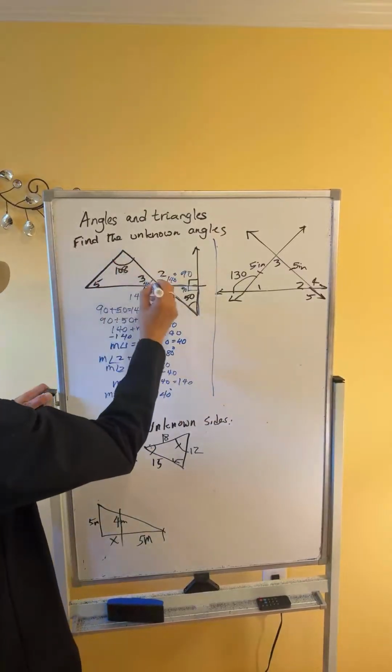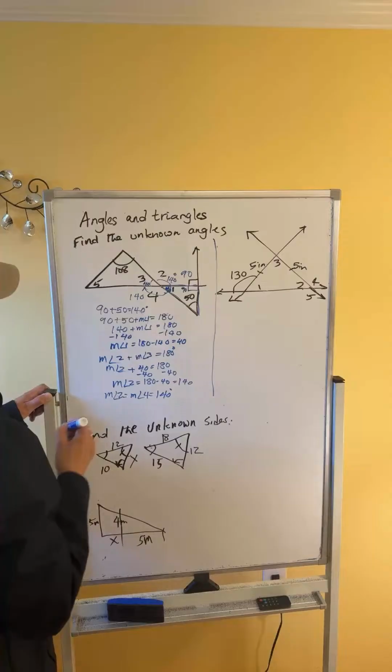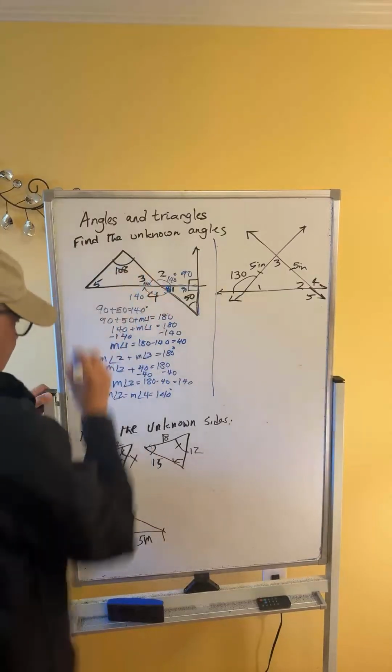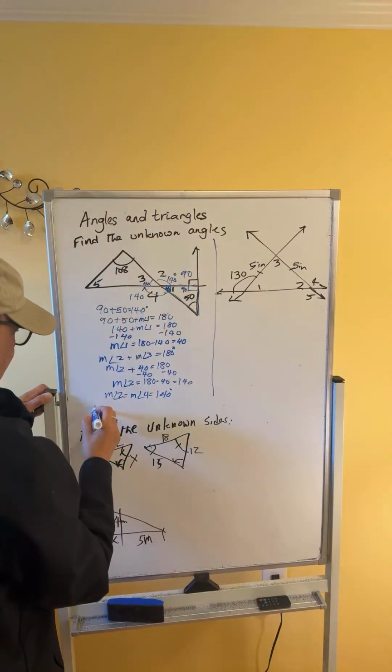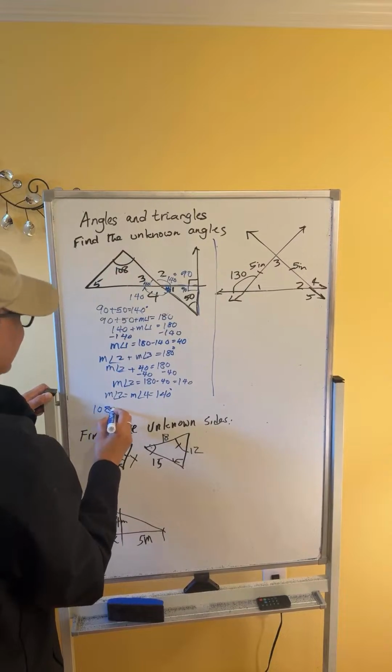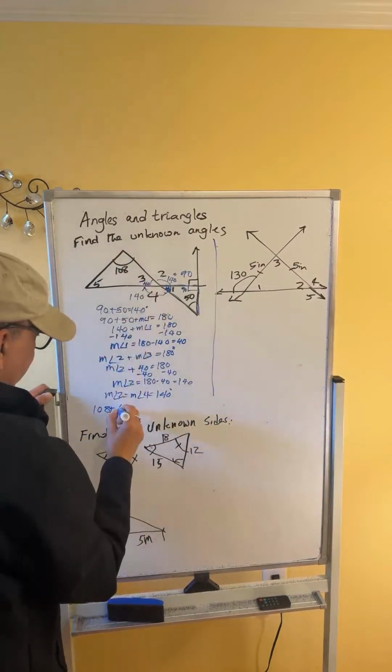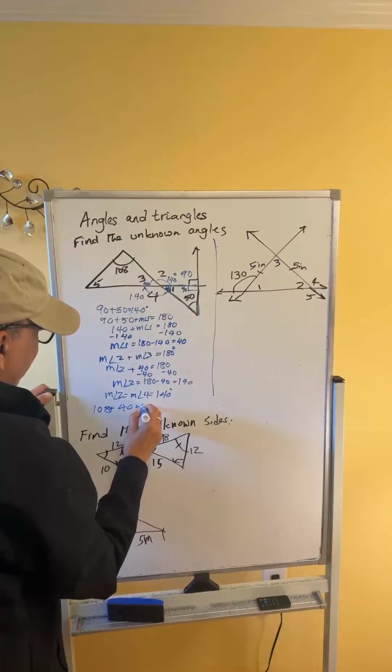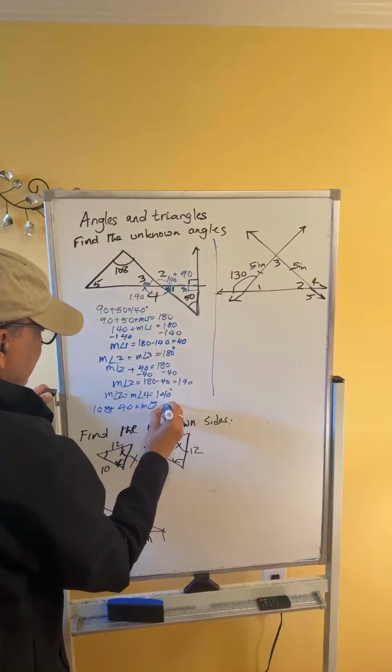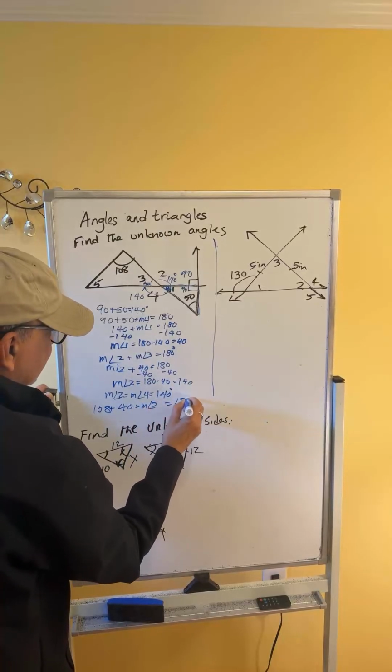Now consider this triangle on the top. We know the first angle is 108. The second angle, which is angle 3, is 40 degree, plus measure of angle 5 is equal to 180 degree.